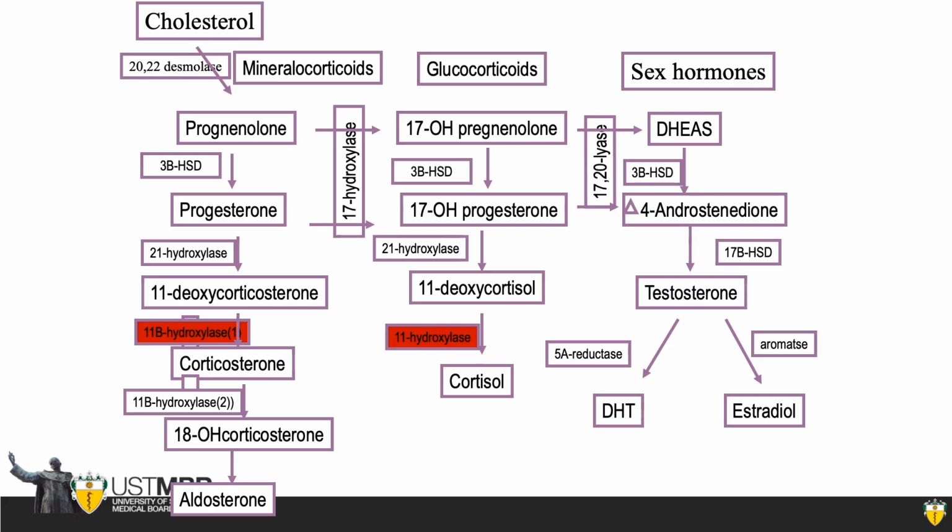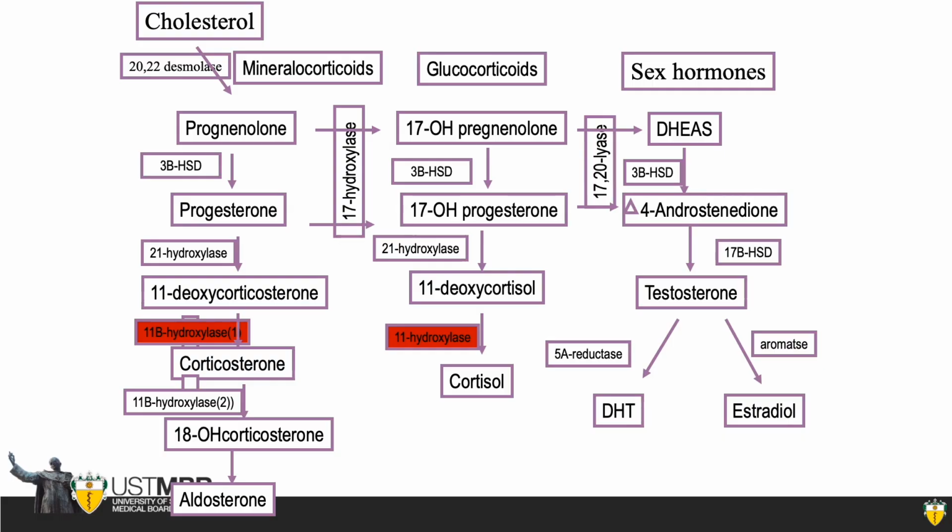But instead of hypotension, hypertension happens with 11. Why? Because 11-deoxycorticosterone and 11-deoxycortisol have some mineralocorticoid and glucocorticoid effects. So therefore, the manifestations of low aldosterone and low cortisol do not happen with 11 hydroxylase deficiency.